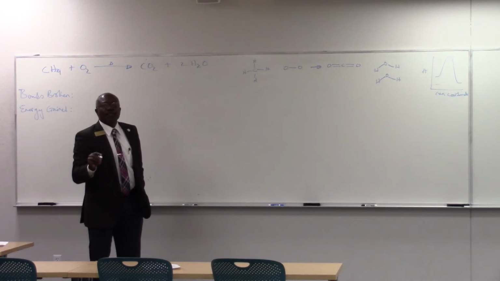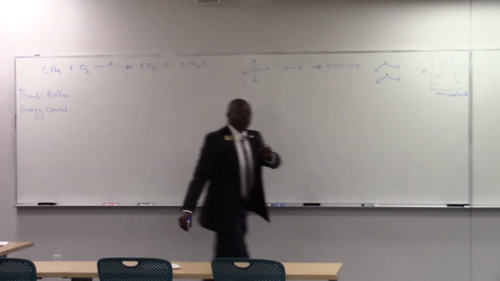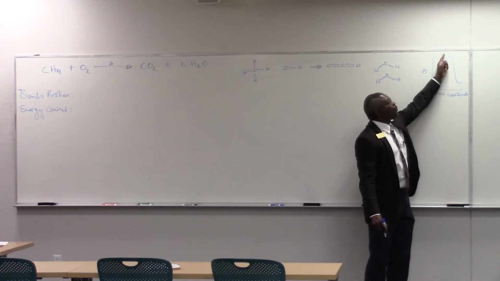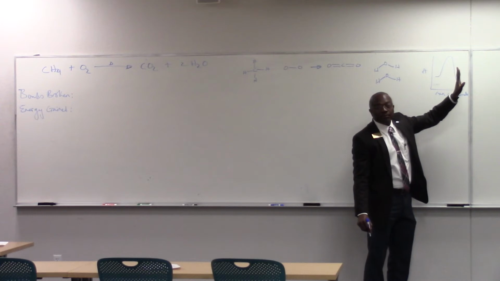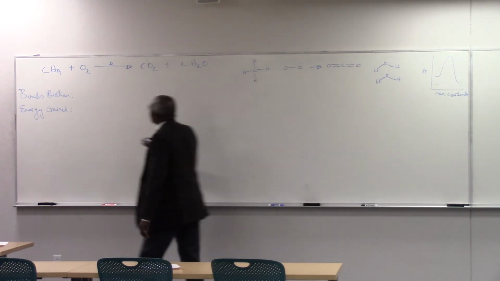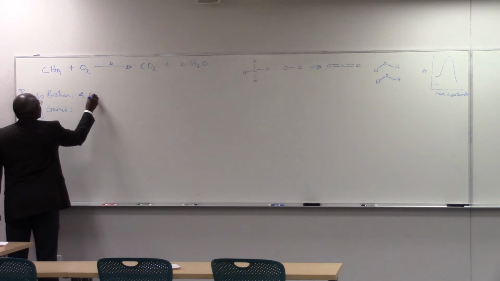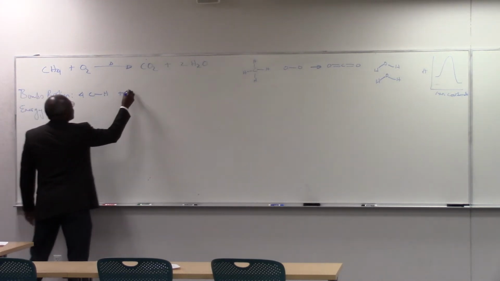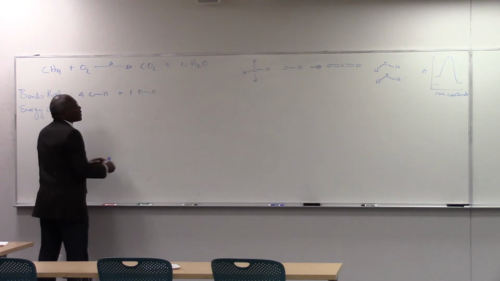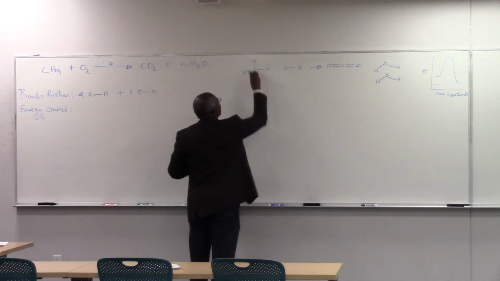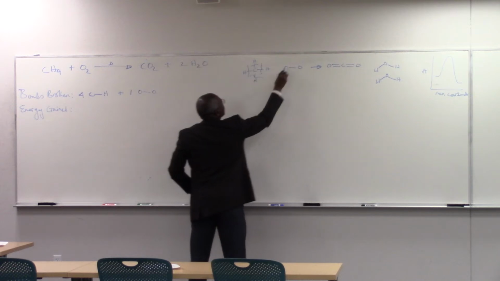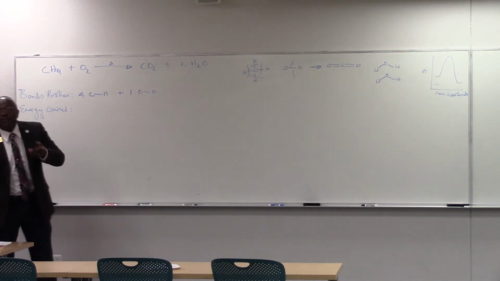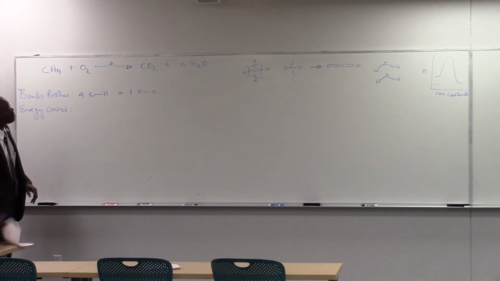So which bonds are broken, right? What are we putting in to climb the ascending portion of the plot, where bonds are being broken, right? So we are breaking 4 carbon-hydrogen bonds. We are also breaking 1 O-O bond. And so once we've broken these, right, that's the full inventory of bonds that are broken.